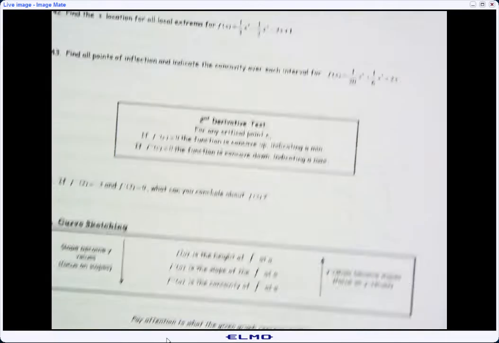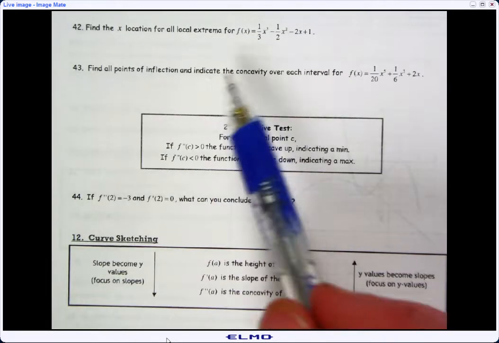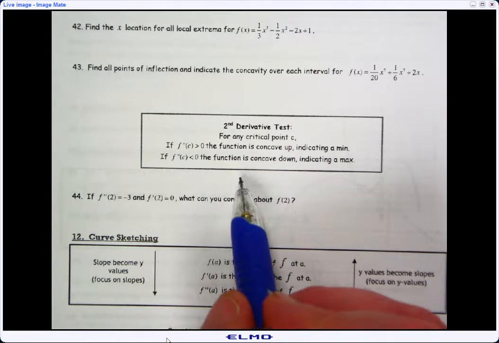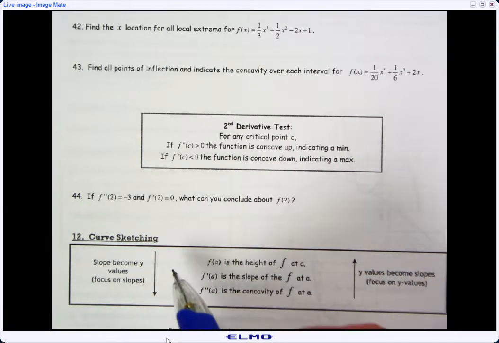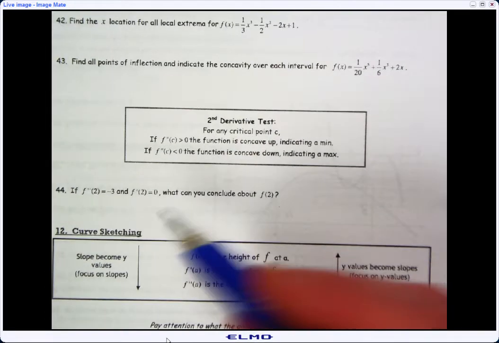Second derivative test. The first derivative test is one we usually use. The second derivative test is an alternative method that, especially with tables, if there's table questions, but there's other times as well.